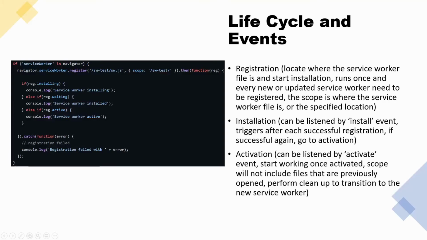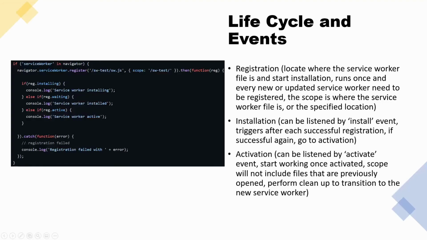And because when you activate a new service worker, the scope won't include any files related to the previous service worker, make sure to also include in this step any cleanup of caching as well as files related to the old service workers, so you can transition into the new or updated service worker. On the left, you can see a picture demonstrating the basic steps of registering the service worker, some of the lifecycles for this service worker.